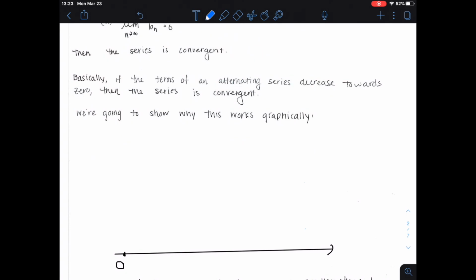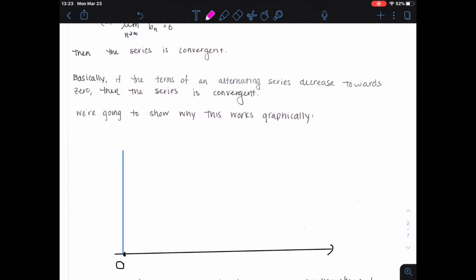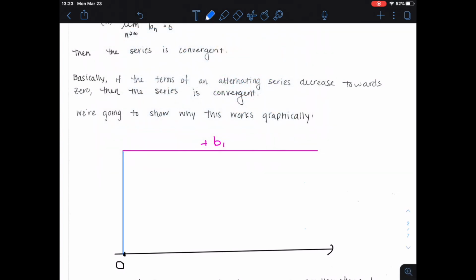So the first thing is we're going to add the first term. So from this, we're going to add the quantity b1. So you get a positive number. And this gives you that first partial sum. So here is what S sub 1 is when you add b1.